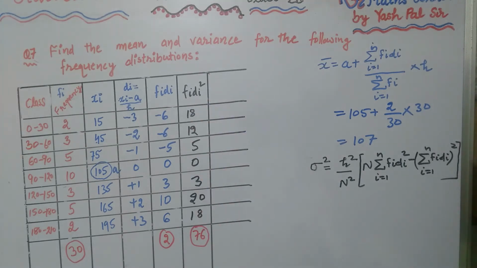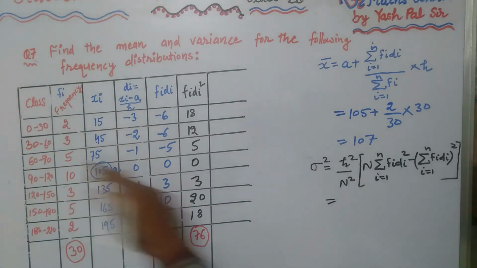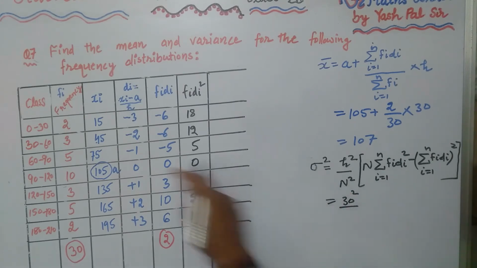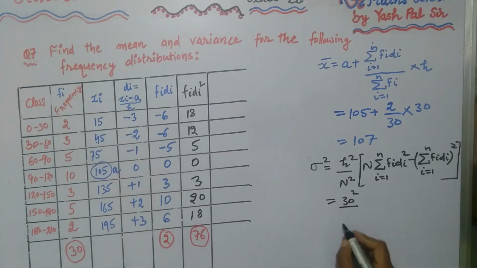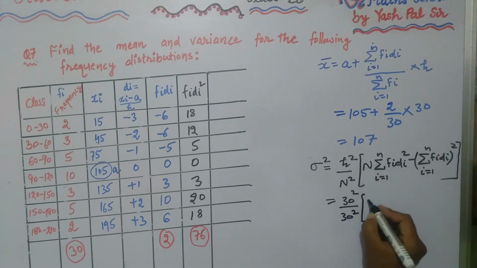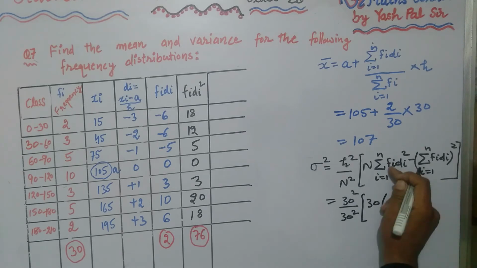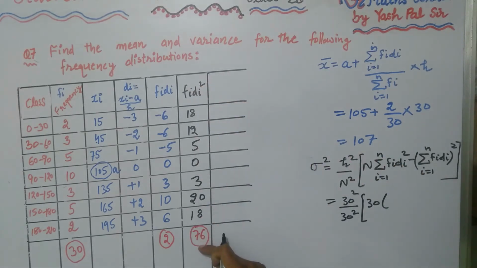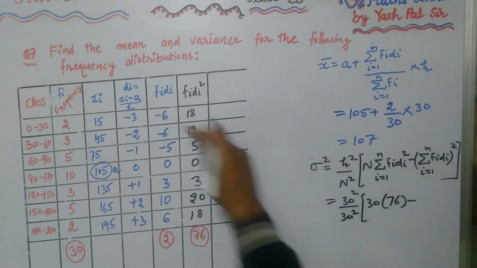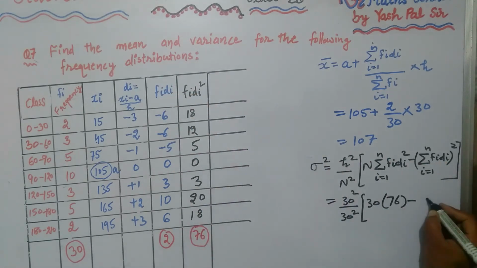So now we substitute these values in the formula. h square, h was 30, 30 whole square, divided by n square, n is again 30, into n, which is 30, into summation fi di square, which is 76, minus summation fi di, which is 2, its whole square.